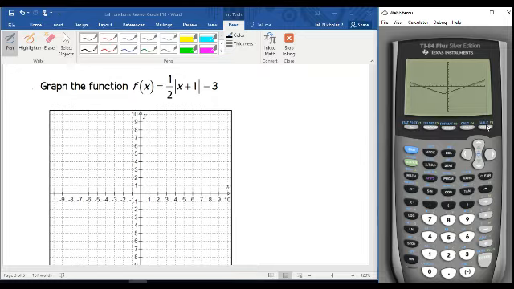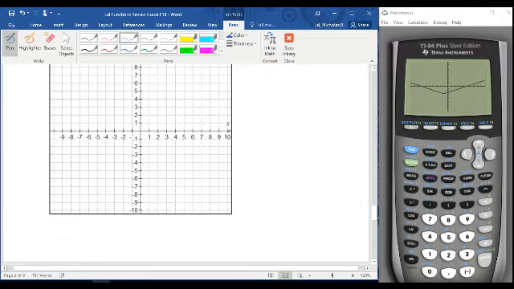All right, so we see we have a vertical stretch of 1/2, and we also have a left shift 1 and down shift 3. So we go left 1, down 3. And if we go to our second table, we can actually plot points.